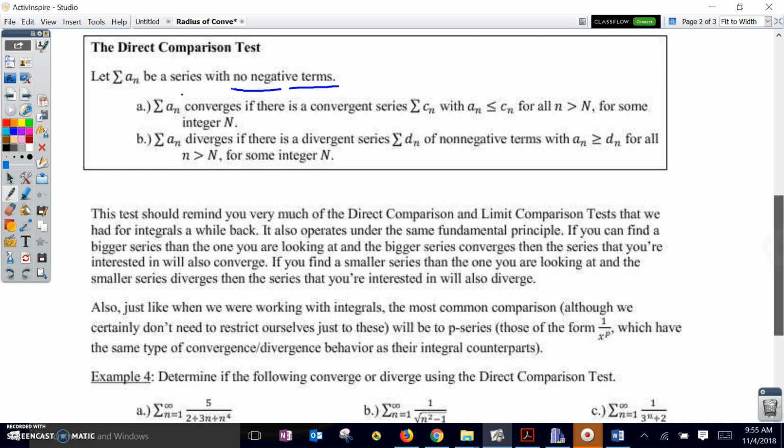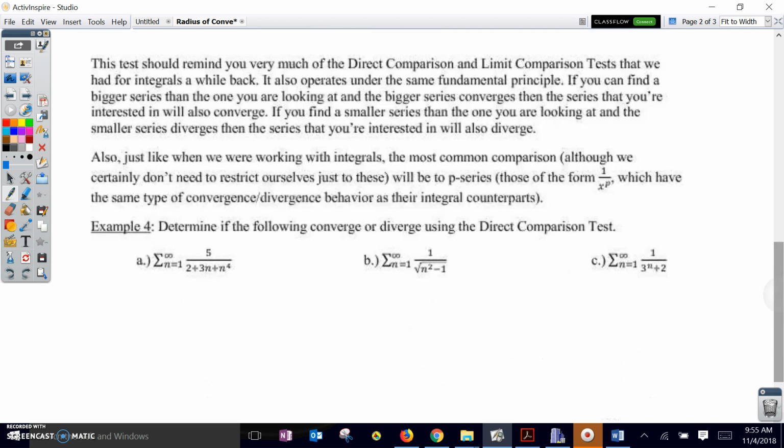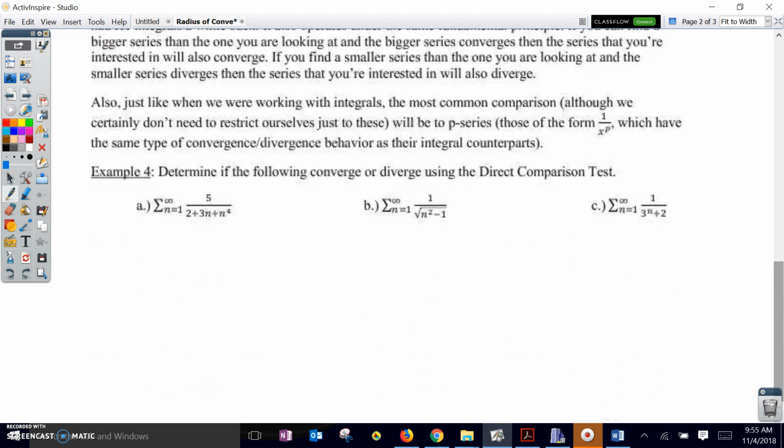Alright, so let's go ahead and look at these examples, determine if these converge or diverge using the direct comparison test. And so we want to compare the sum from 1 to infinity of 5 over the quantity 2 plus 3n plus n to the fourth to some other series that we know converges or diverges.